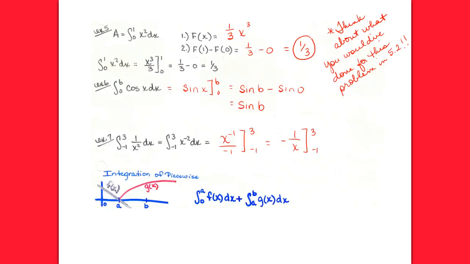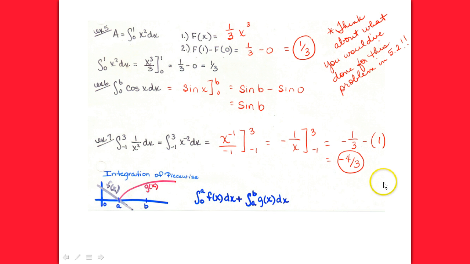All right, so now I can go through and plug in 3. So if I plug in 3, I'll get negative 1/3. And then plug in negative 1, so that would be negative 1 over negative 1. So if I plug in my negative 1 here, I'd end up with minus a positive 1.